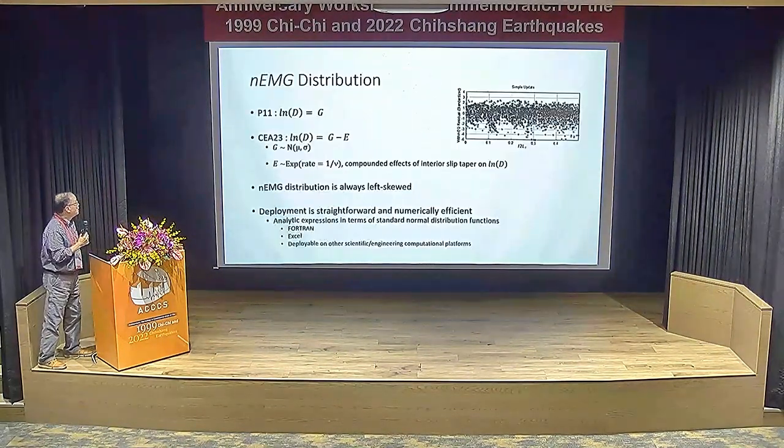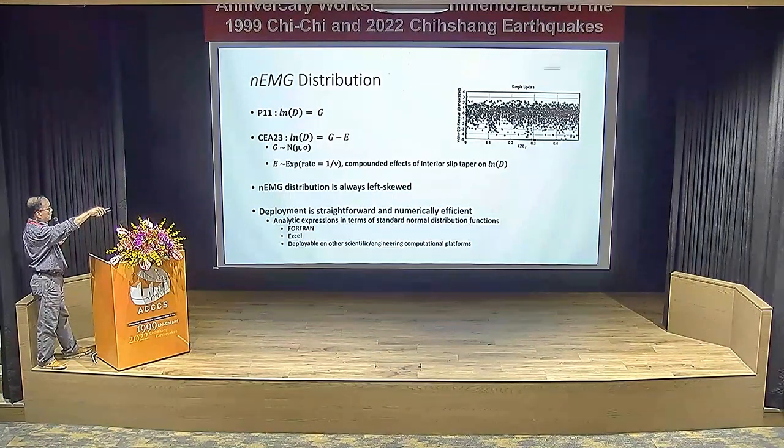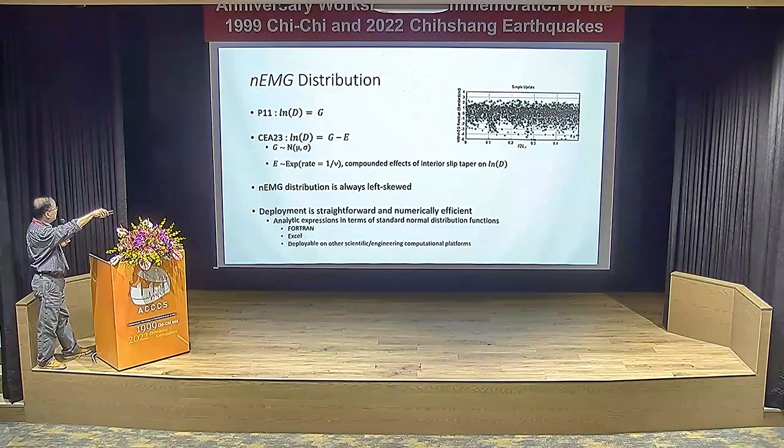Okay. So to recap, again, these are the residuals from the simple update to the Petersen et al. In Petersen et al., the log D is modeled as a Gaussian variate. In our new model, we subtract an exponential. And so this new distribution now has three parameters: the mu, the mean of the Gaussian, sigma, the standard deviation of the Gaussian, and the E is exponential with a rate of 1 over nu.